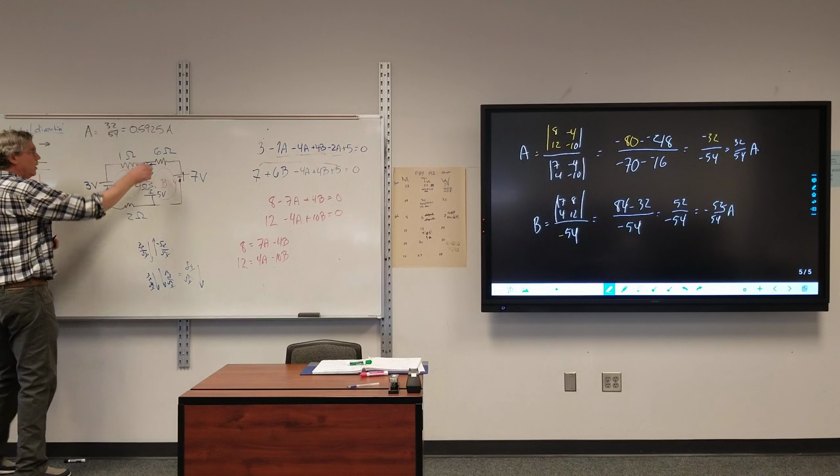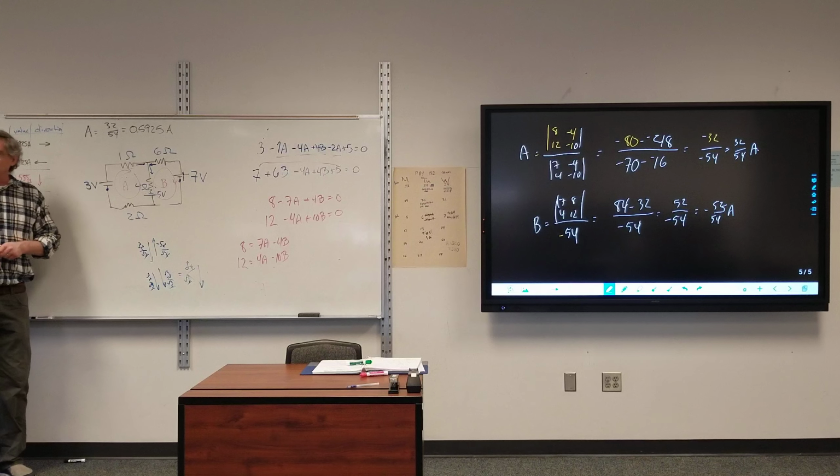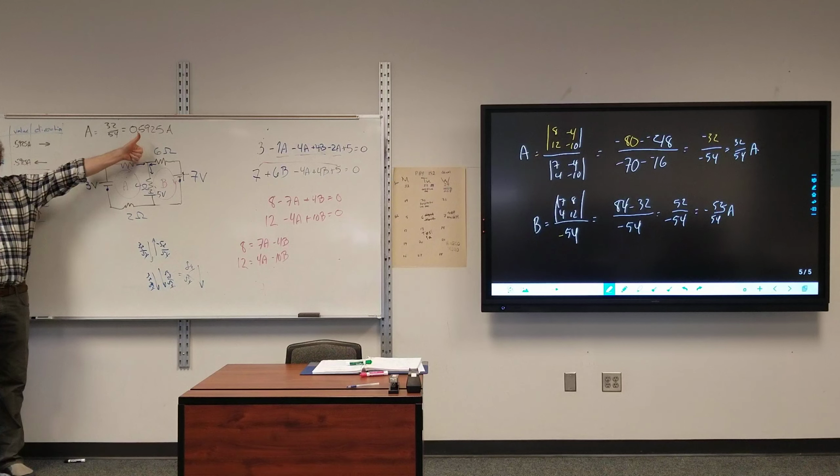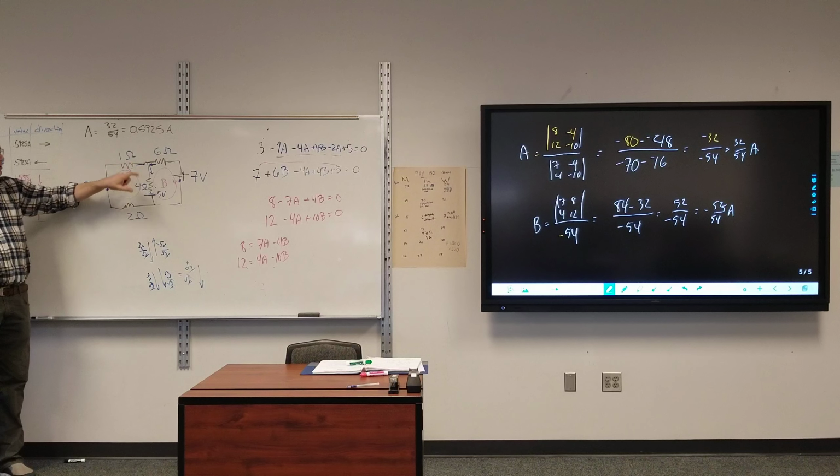If they were vectors, this would not work, because this one would have to be canceled out by something going up, but there's nothing going up there. So it's not a vector, so we don't have to worry about the direction as explicitly.